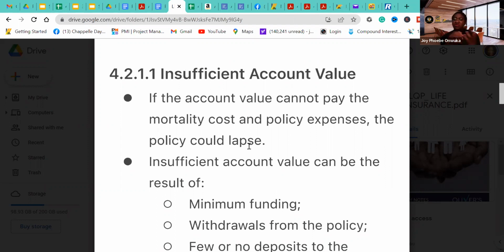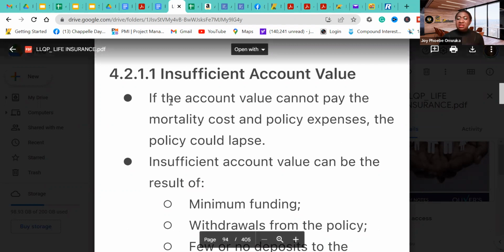In those groups, the insurance company has the statistics: in this group, this is the probability of people dying. Based on that, they're able to make projections of the cost of death benefit they are going to be paying out in that particular year. That would be their mortality cost. Based on those data and statistics, the insurance company requires a certain minimum amount to cover those mortality costs, and that is what that is all about.